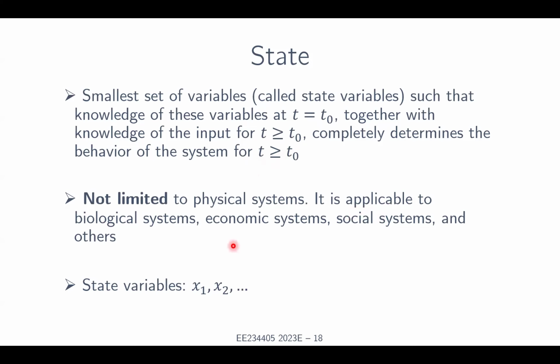And it's not limited to certain systems only, but it's applicable to many classes of systems. And it is just a set of variables, denoted by x1 and x2 and so on until xn, where n is the order of the system.